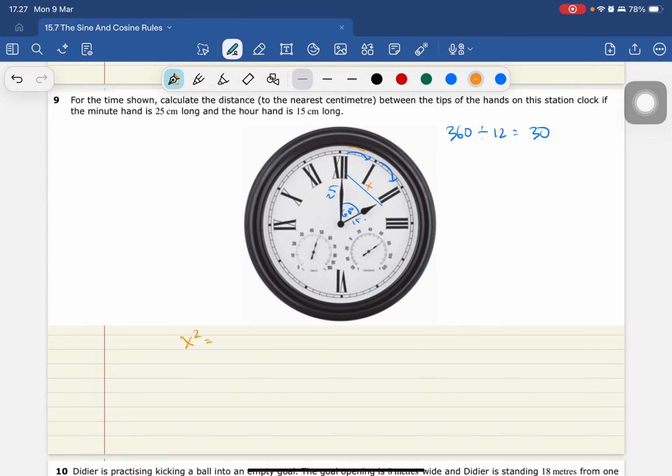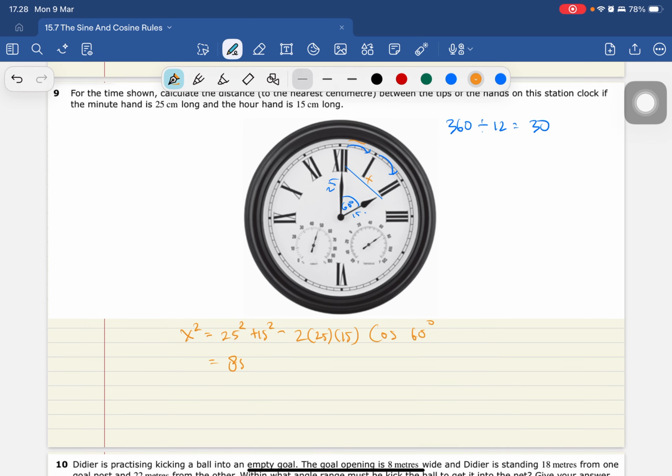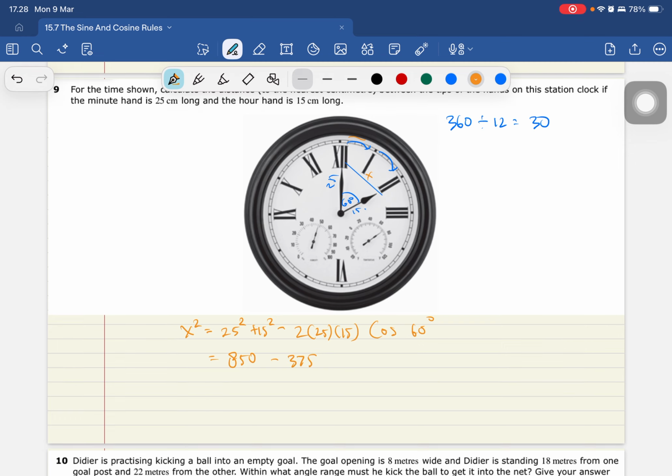x squared equals 25 squared plus 15 squared, minus 2 times 25 times 15, and then cos 60 degrees. You can use a calculator to find it. 25 squared plus 15 squared is 850, minus 2 times 25 times 15 multiplied by cos 60 degrees, which is 375.